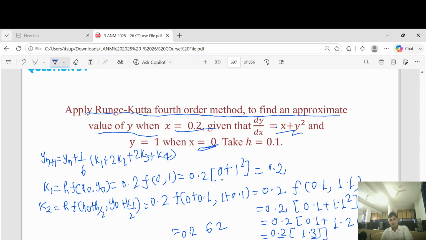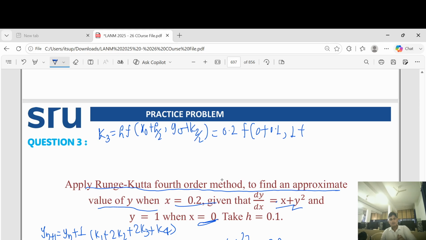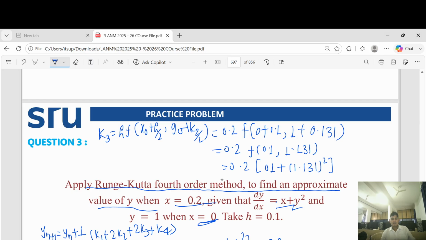K2 is 0.262, so 0.262 divided by 2 means 0.131. So this is 0.2 f of 0.1 comma 1.131. This is 0.1 plus 1.131 whole square.